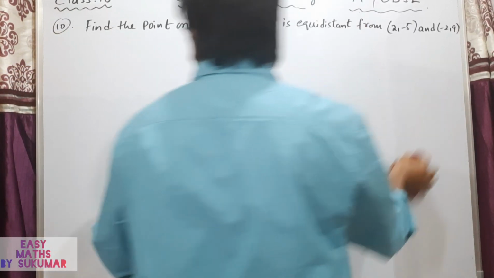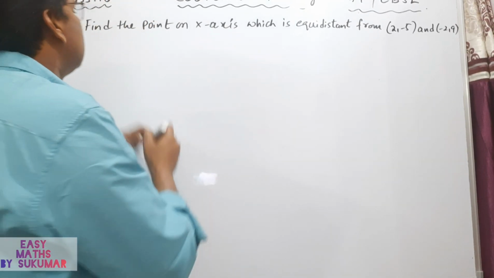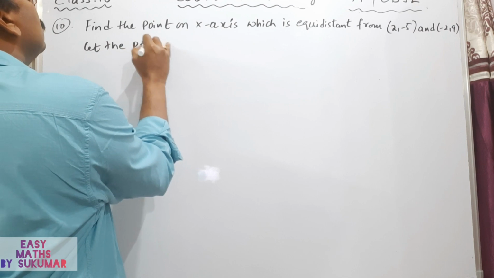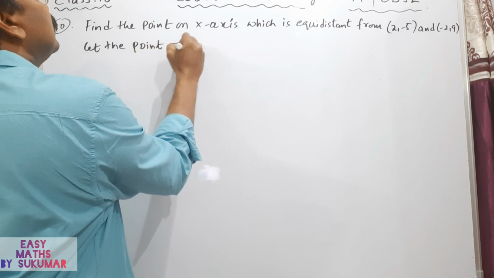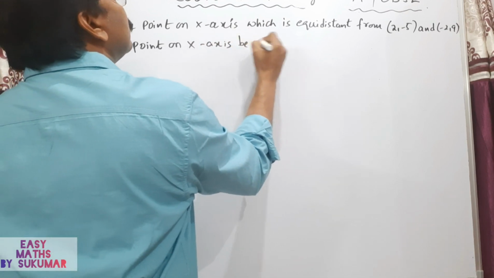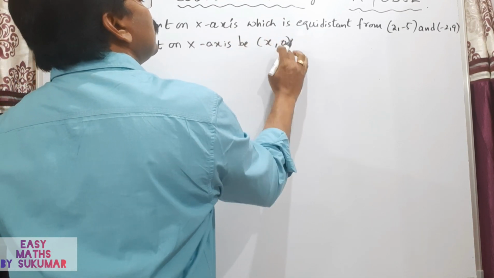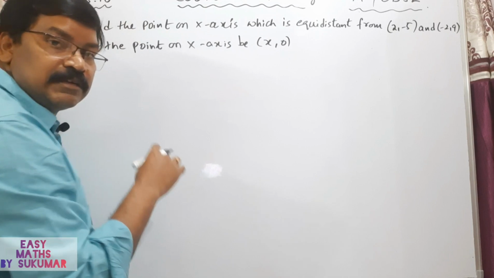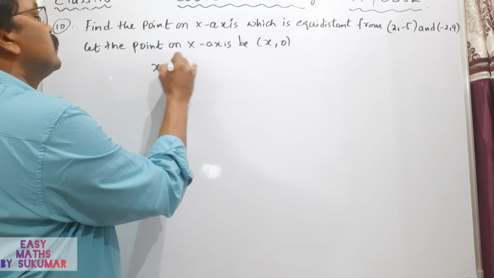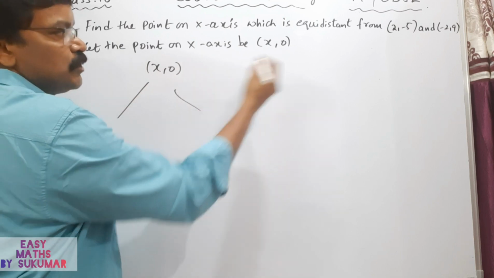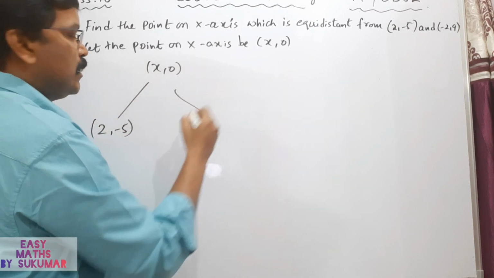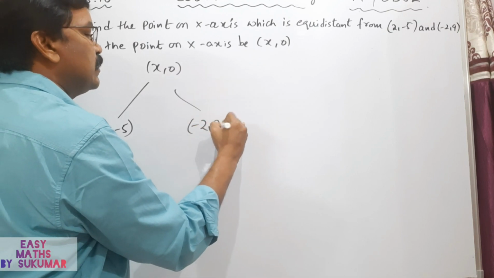what we have to find here, point on x-axis. That means let the point on x-axis be (x, 0). Here this is y coordinate, that is equal to 0. Okay, this (x, 0) is equidistant from (2, -5) and (-2, 9).